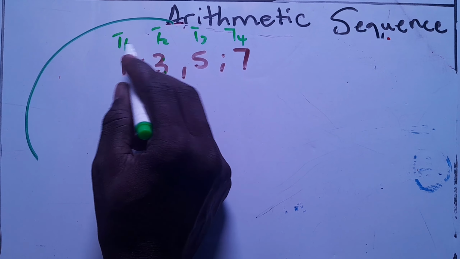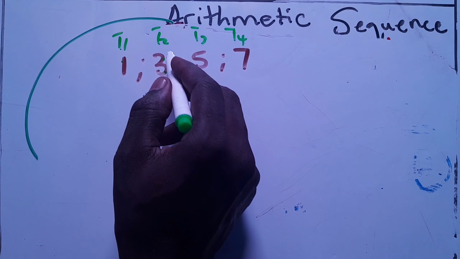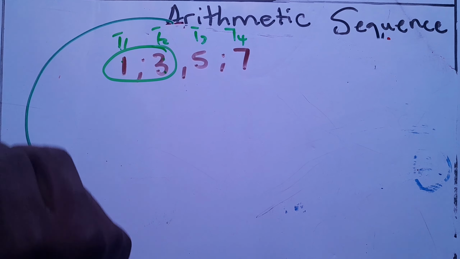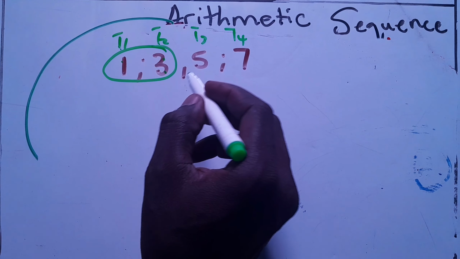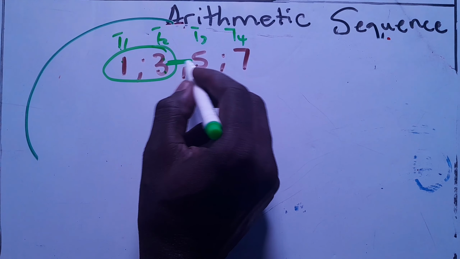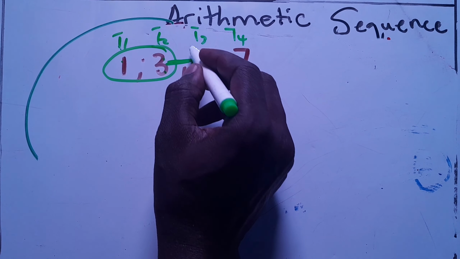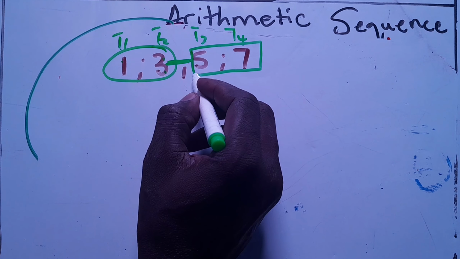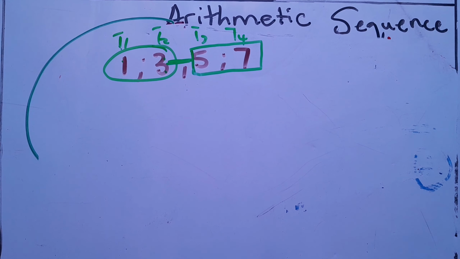T2 and T1 are consecutive terms. T3 and T2 are also consecutive terms, and T4 and T3 are consecutive terms. So these are what we call consecutive terms. They are terms that are next to each other, or following each other, right?